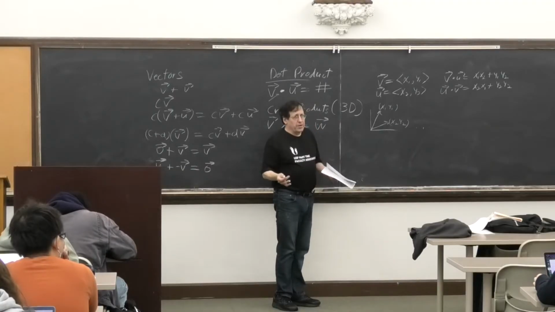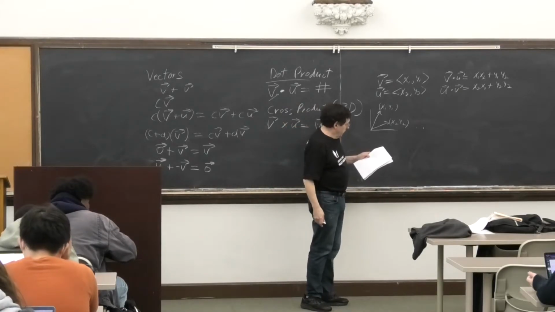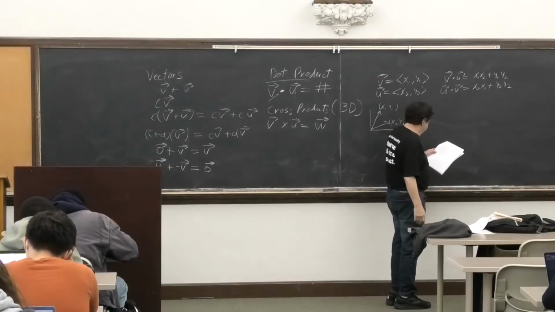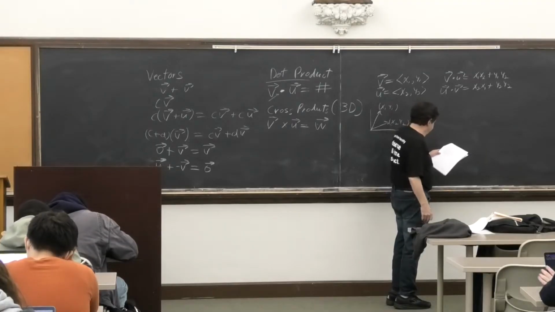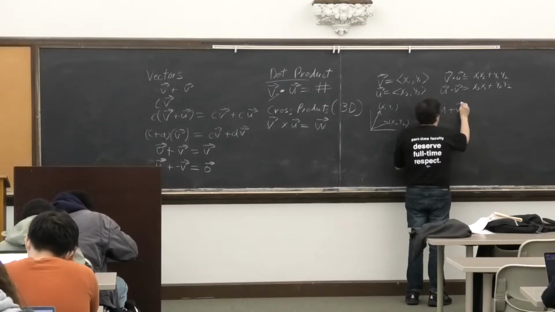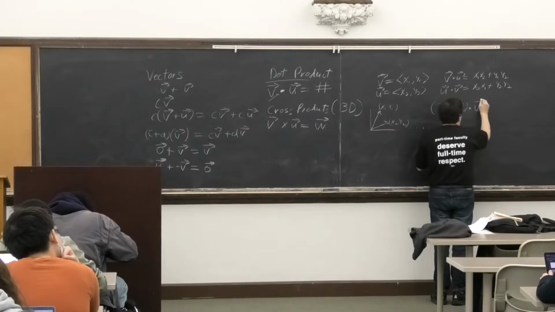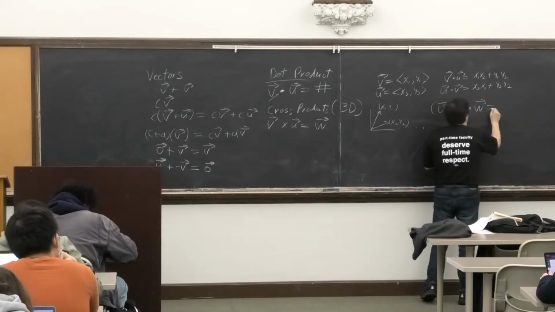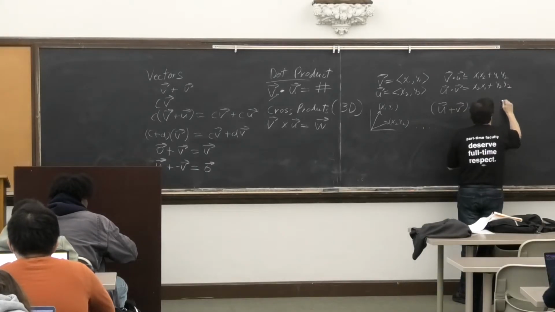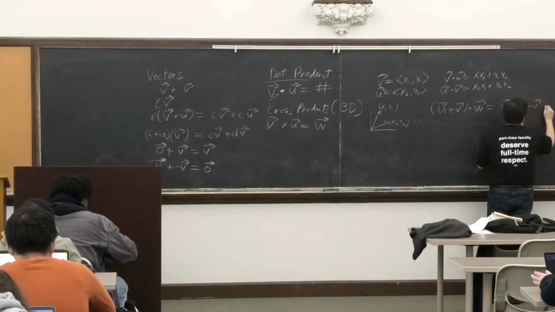There are some other properties that you can figure out from this definition pretty easily. U plus v dot w, some third vector, well, you can distribute. This is u dot w plus v dot w.